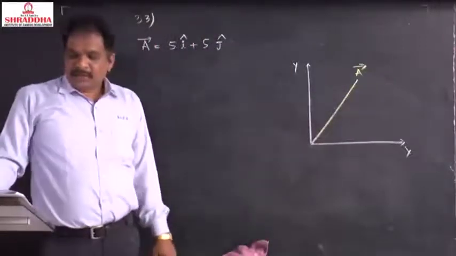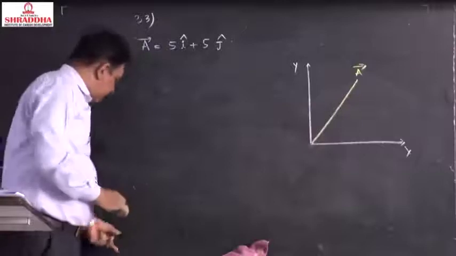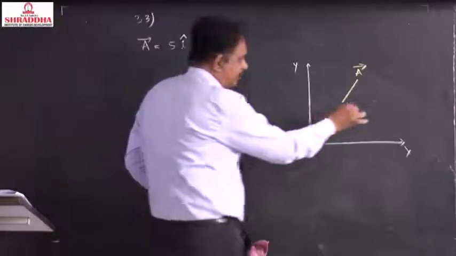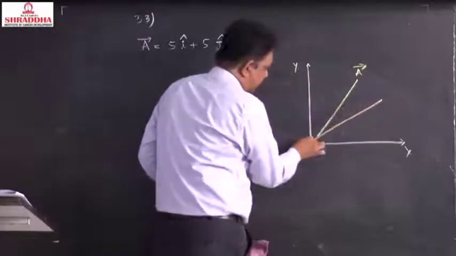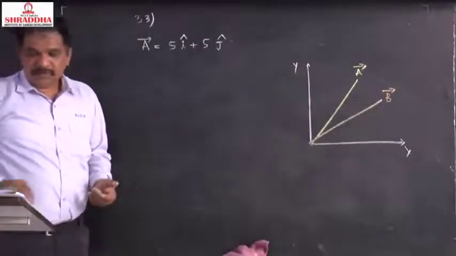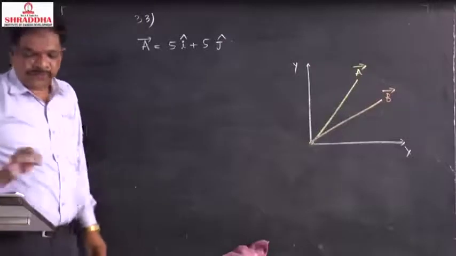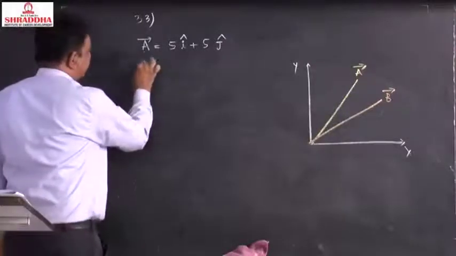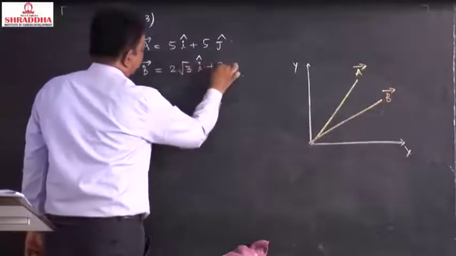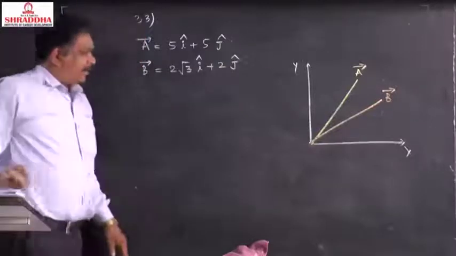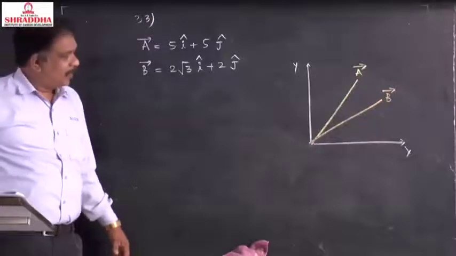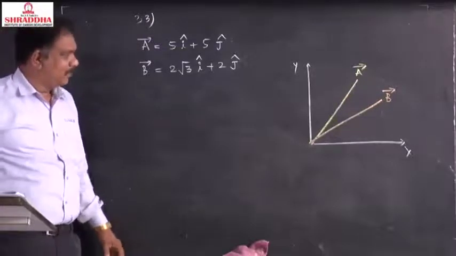And one more vector is there, its components are 2 root 3 i cap plus 2 j cap. That is the velocity components. Then they are asking, what is the angle between them?